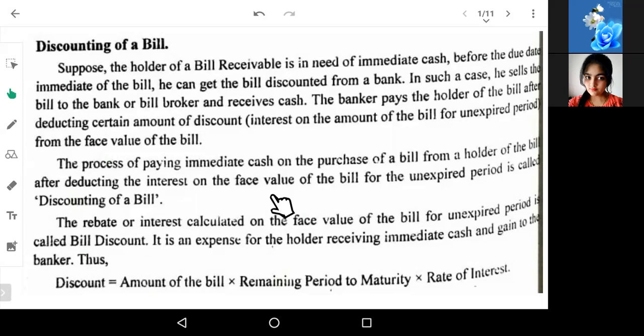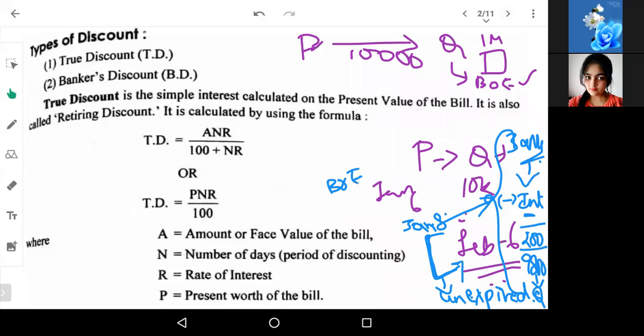Now, the face value of the bill is nothing but 10,000 rupees. So on that face value of the bill, they deducted interest. Now that interest was for the unexpired period.